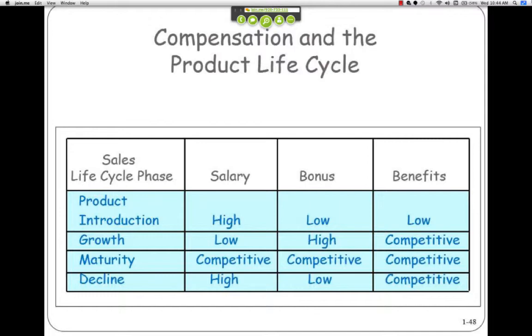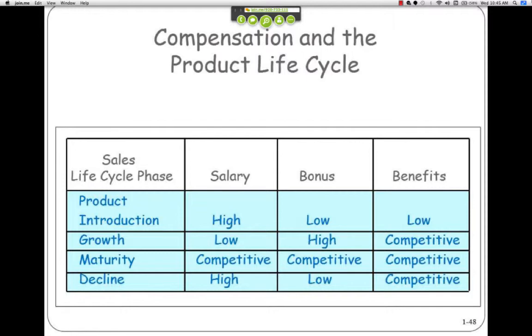When you're in the growth phase, you want your employees to really be driven towards fueling that growth. And as such, the salary would be a relatively small part of your pay structure, and bonuses and benefits would be higher. As you reach maturity, and essentially you want to keep some good people so you can keep the cash cow going, you would be competitive across all three.